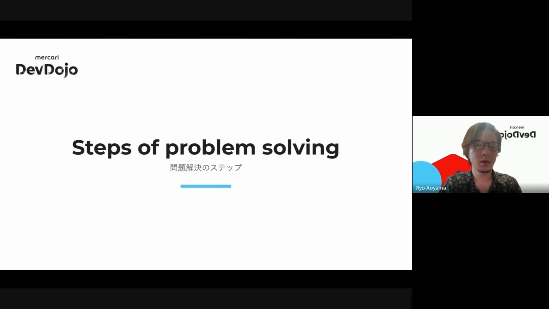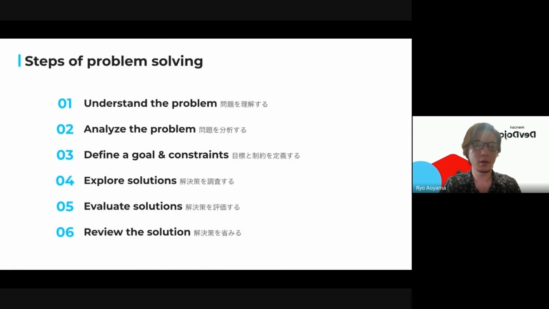To solve problems, I think you can break down the process into the following steps, these six. The first step is properly understanding the problem and then working to analyze that into more detail. Third, based on that analysis you've conducted, define a goal and any constraints.